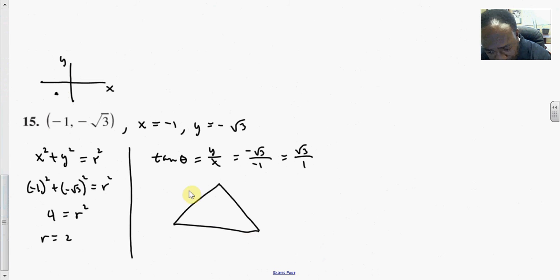Each angle is 60 degrees. We set each side equal to 2. Split this angle, and so we get the bisection. We get 1 and 1. Look at that angle there. Using Pythagoras, this is a right triangle. This side here would be the square root of 3.